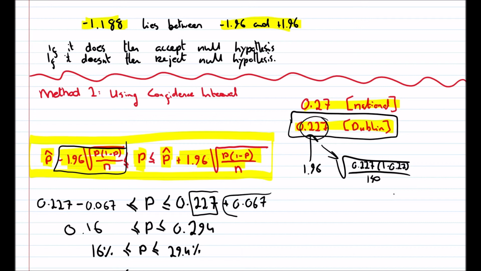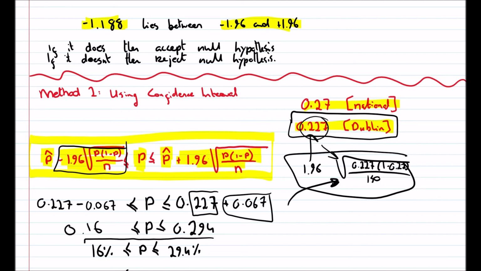However, we could be this much wrong, which converted to a percentage is 6.7%. This is all based on the 95% confidence interval. So we add it to one side, take it away from the other, and we are 95% confident that the real figure in Dublin lies somewhere between 16% and 29.4%.